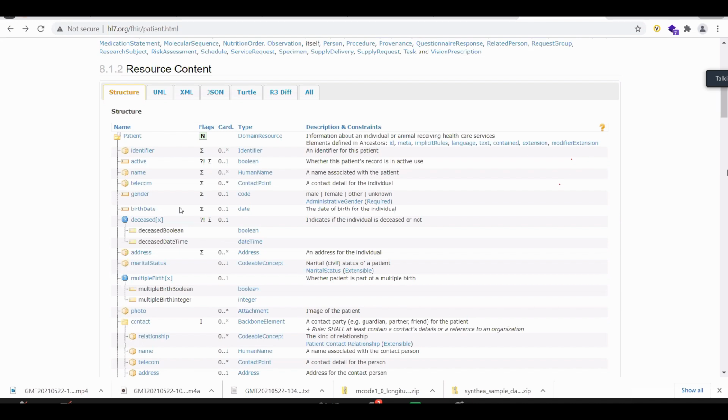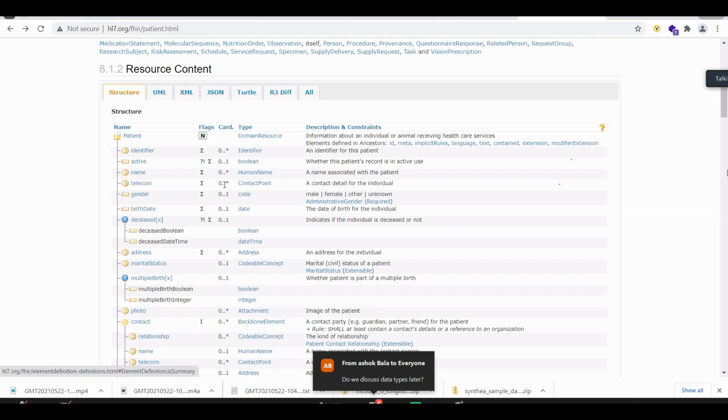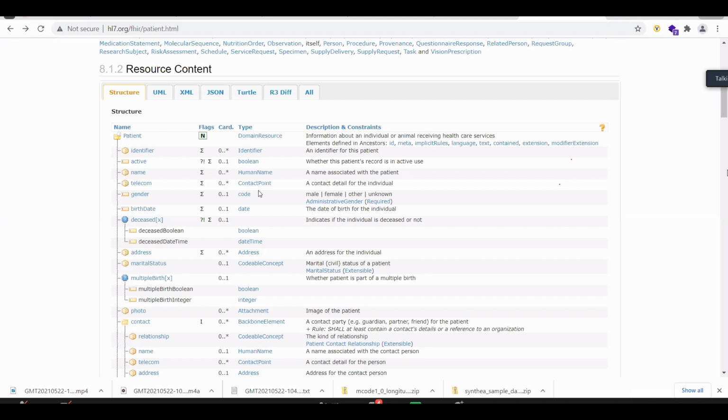If you're creating an instance for Satyam as a patient, how many times can you mention patient gender? Either you don't mention the gender, or if you want to mention it, you can mention it only once. Whereas telecom is 0 to star, so you can provide n number of telecom information about a particular patient. I can have a mobile number, a landline number, a pager, so many things. That's what the cardinality says: the minimum and the maximum that an attribute can repeat.